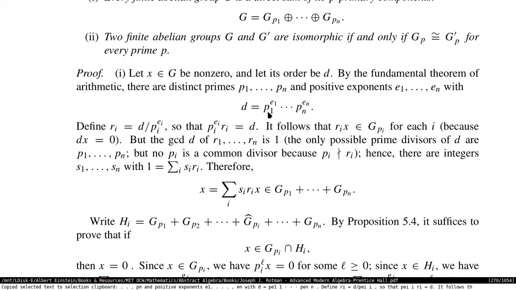So what that means is that pi to the ei times ri is equal to d, of course. Now it follows that ri times x is in G_pi. This is also straightforward, because what will be ri times x?